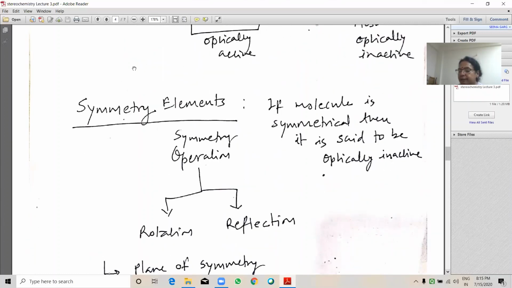Symmetry elements. If a molecule is symmetrical, then it is said to be optically inactive. Symmetry of the molecule is decided by symmetry operations like rotation and reflection.